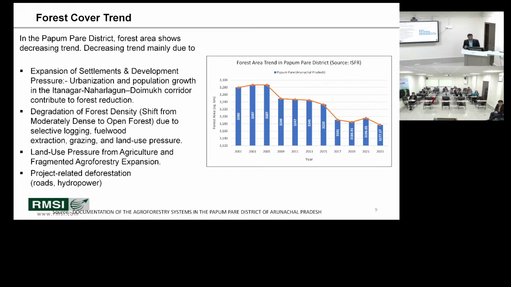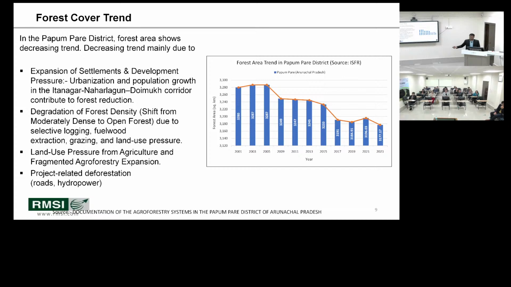I was there in the field last year, and during the discussion they mentioned that it is in a wildlife sanctuary area. Even so, expansion is happening. There are also reasons like forest density and agroforestry, because some tree farming is there.